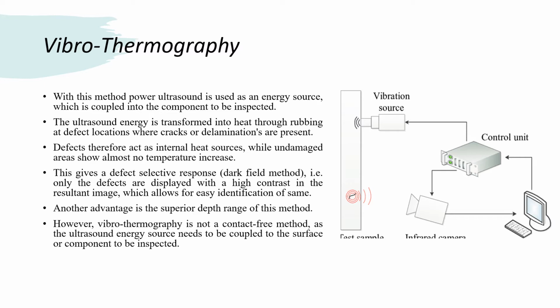It creates some heat which is released from this defect zone, and elsewhere there is no temperature increase. In this way we can see these defects on the PC with the help of the infrared camera as a high contrast. So this is vibrothermography.